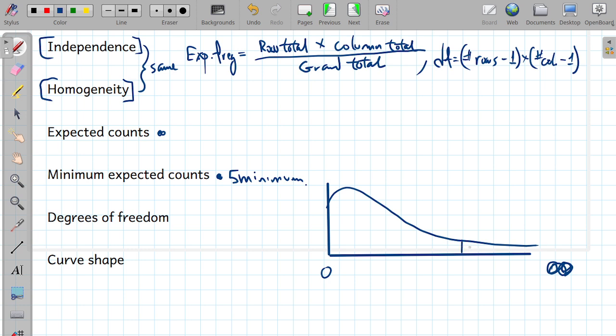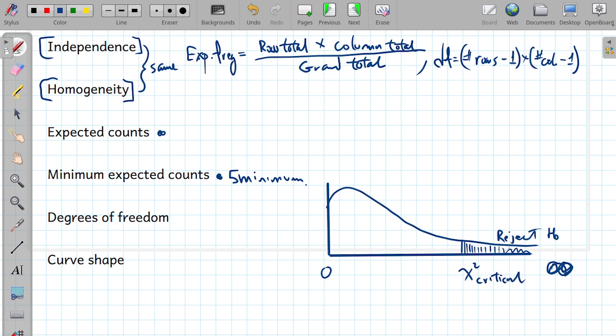So that means the rejection region will always be the right-hand tail. So this is where we're going to reject H null. So this will be chi-square, and this will be a critical value. So this is chi-square's critical value.